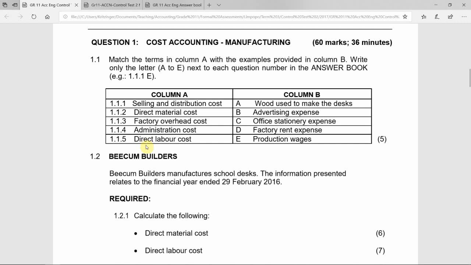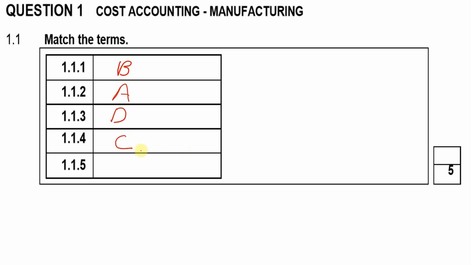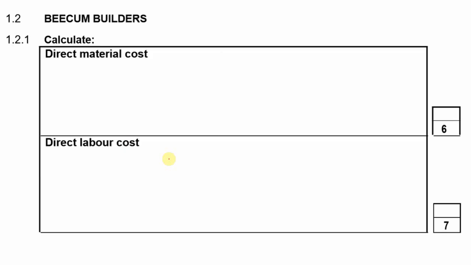So therefore 1.1.5 has to be E. So, if you know your theory, this is fairly straightforward, 5 marks.